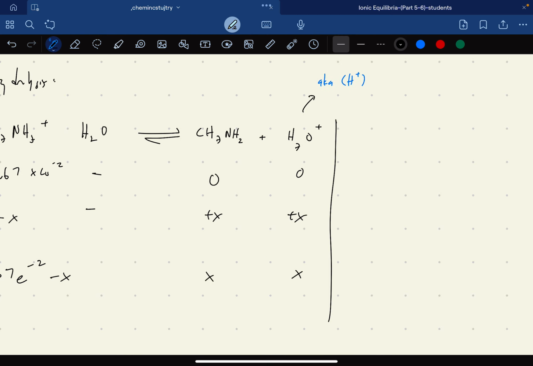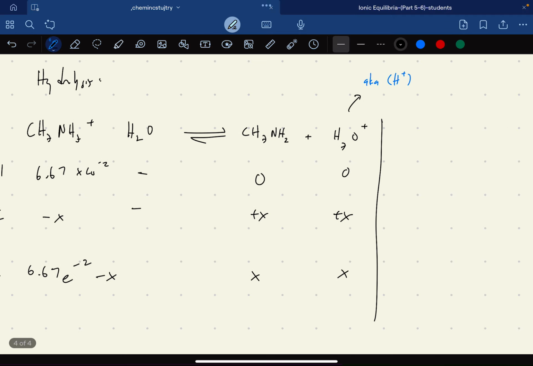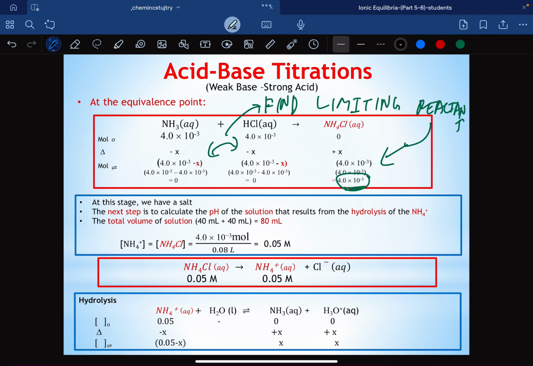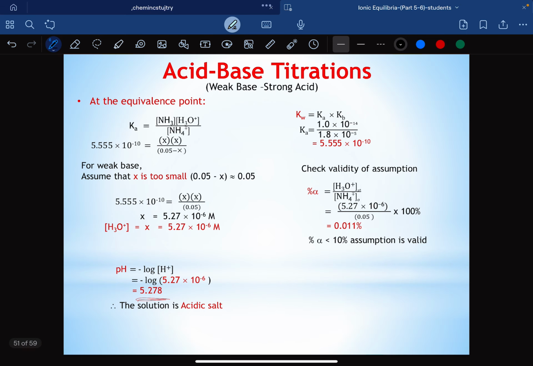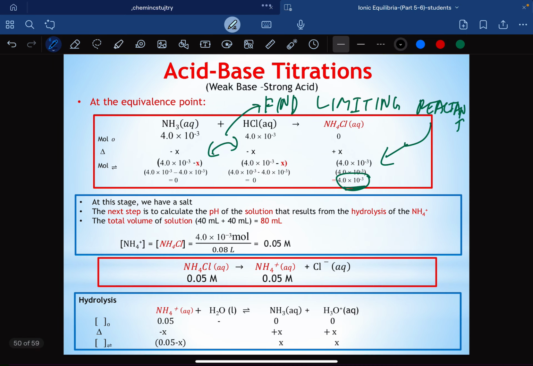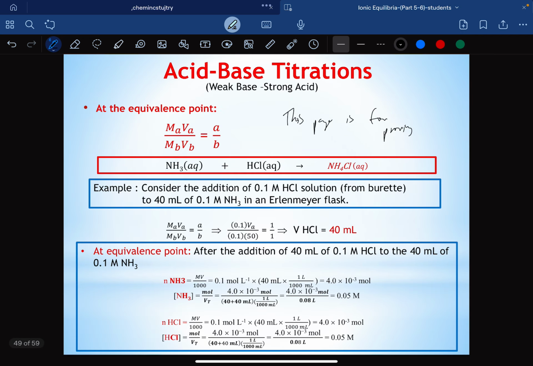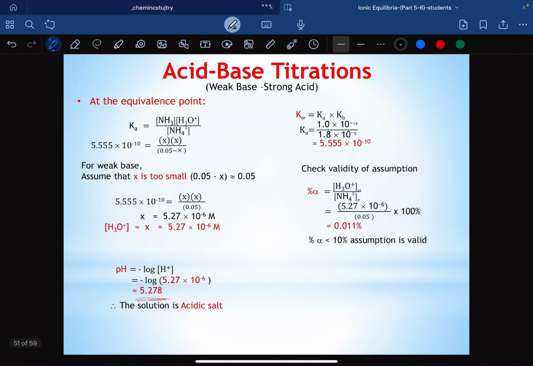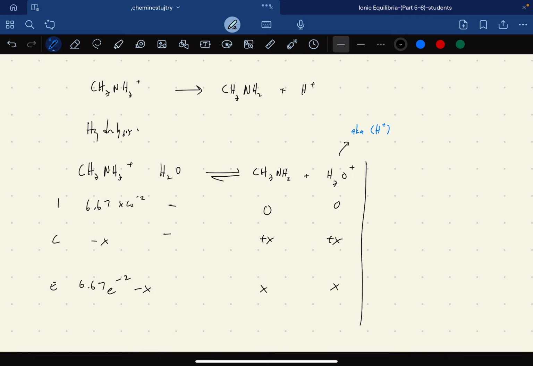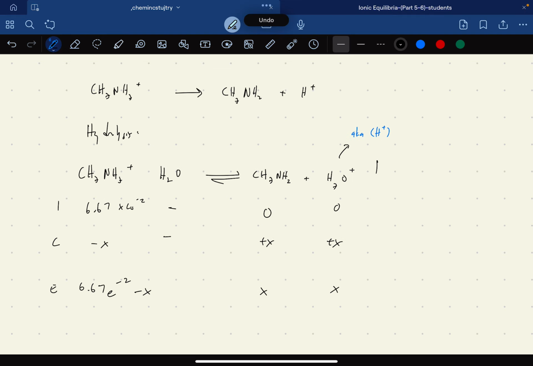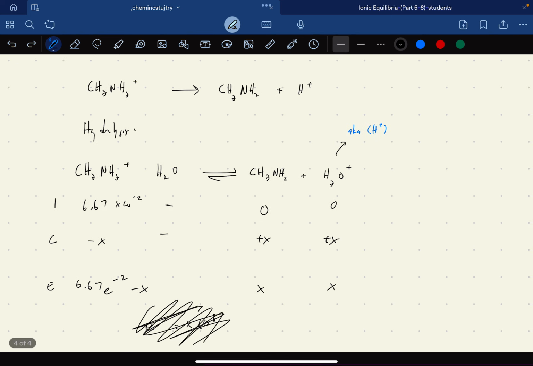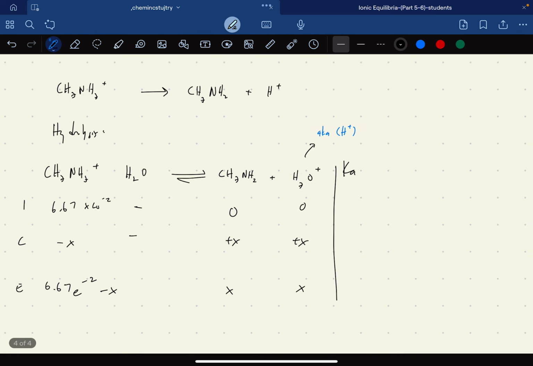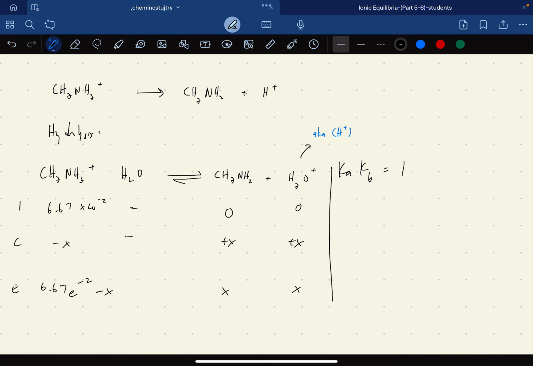Now we can use the, it's the Kb value, right? Hold on. Okay, so now since this is an acid, we have to use the Ka, but we only have Kb, so we have to use this formula.